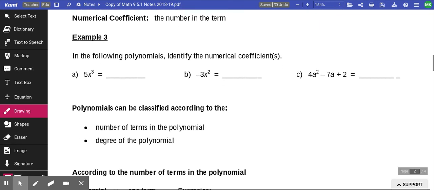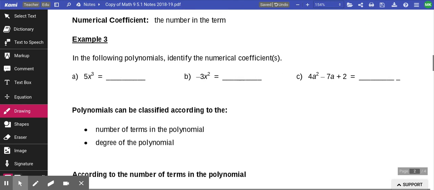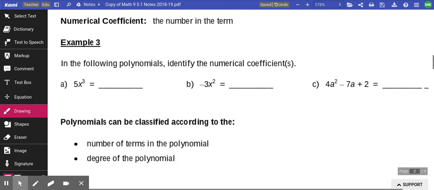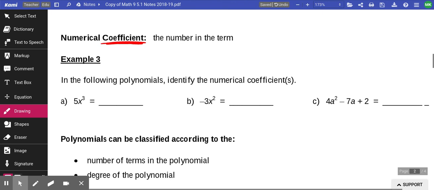Awesome. Coefficients. I'm not sure if you've heard the term coefficient before. Coefficient. It's the number that's in front of a letter. So the way that it's actually defined is it's the number being multiplied by a variable.